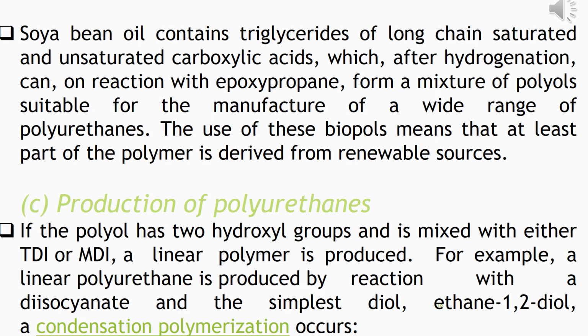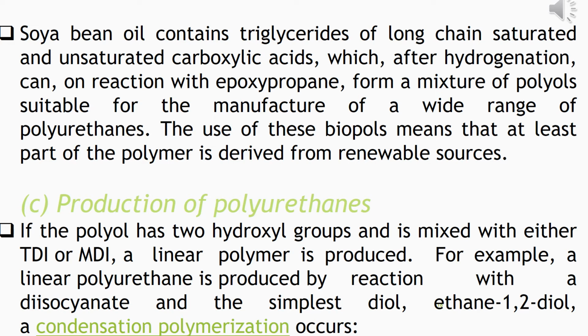If the polyol has 2 hydroxyl groups and this is mixed with either TDI, toluene diisocyanate, or MDI, methylene diphenyl diisocyanate, it can be mixed with any one of these, TDI or MDI.